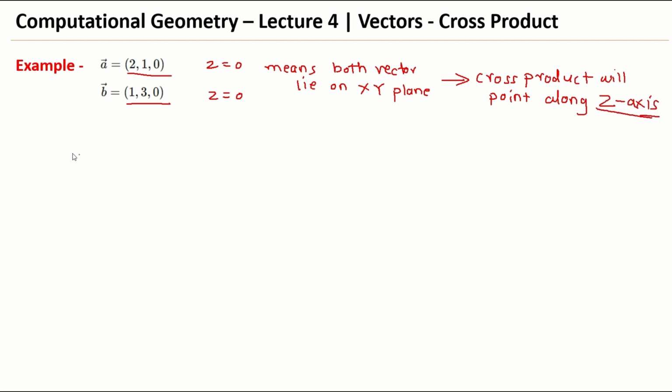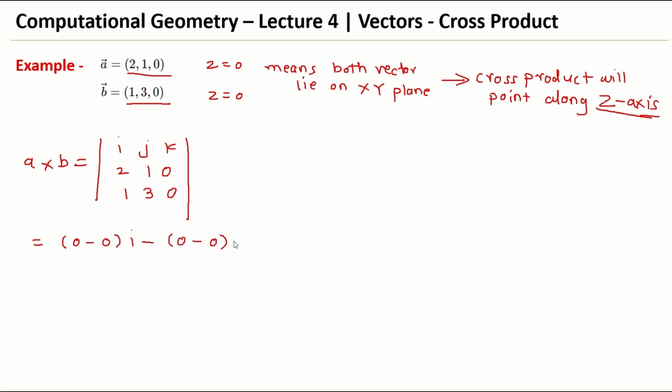Now, let us calculate the cross product using the determinant method. We write the unit vectors I, J, K in the first row, the components of vector A in the second row, and vector B in the third row. After expanding the determinant, we obtain the result. A cross B equals 0I minus 0J plus 5K.